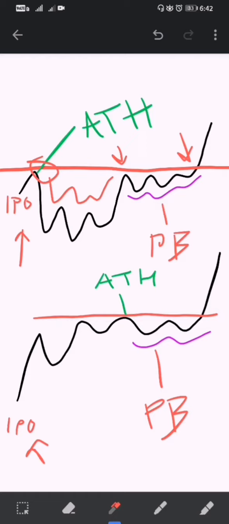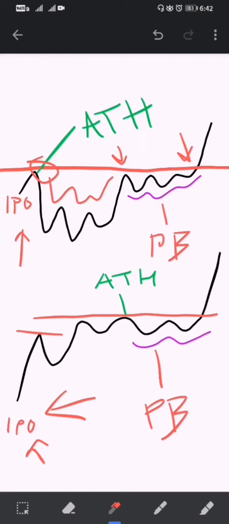It is nothing but the first viable base of the recently listed stock. Then again, in this third example, the IPO came in here, then it made an all-time high, corrected, and without forming any base, it broke out of that all-time high. This was the all-time high. From here it broke the all-time high and again started consolidating.